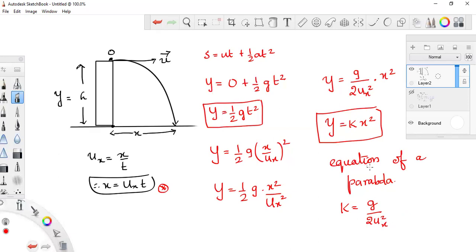So the trajectory of a horizontal projection is a parabola. The equation y is equal to kx square is a standard equation of a parabola. So the path from O to, say, a point A is a parabolic path. This is about the trajectory of this horizontal projection.